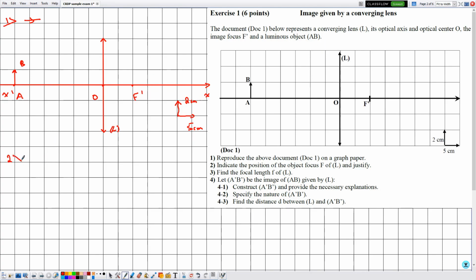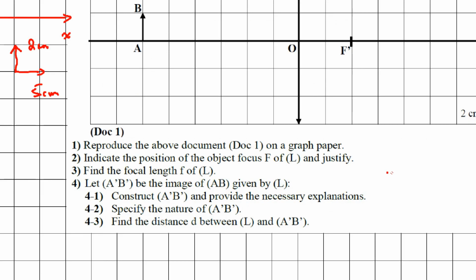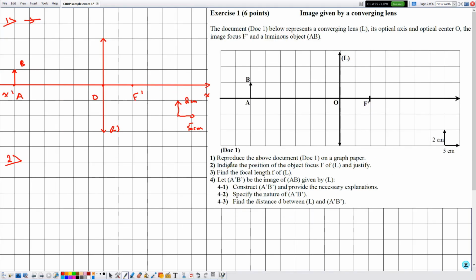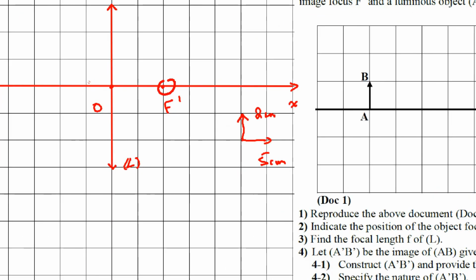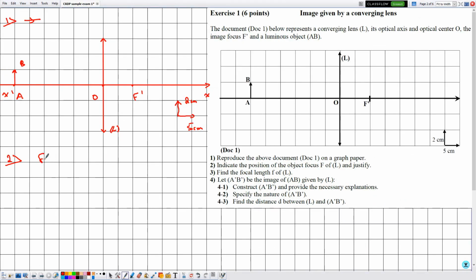Now in number 2, or part 2, indicate the position of the object focus F of L and justify, and here indicate means that we need to state with the justification. So we need to locate the object focus F, knowing that we know the position of the image focus. Because F and F' are symmetric with respect to O, so this is the justification.